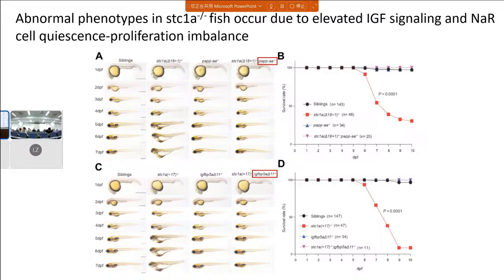They postulated that this may be a result of abnormal quiescence proliferation balance, and that STC1A homozygous mutant fish had an elevated death rate as well. However, STC1A and PAPPAA double mutant fish not only show none of these abnormal phenotypes, their survival rate was also similar to those of the wild types.